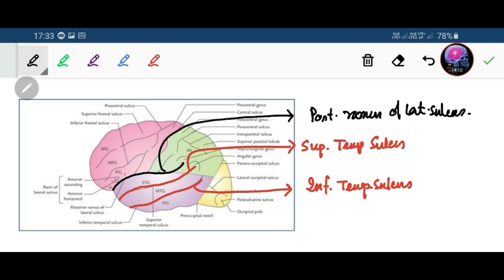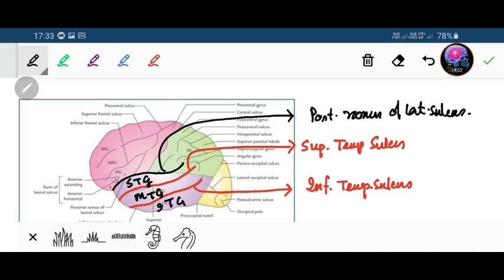These sulci divide the temporal lobe into superior, middle and inferior temporal gyri. So it is the superior temporal gyrus, middle temporal gyrus and inferior temporal gyrus, divided by these sulci.